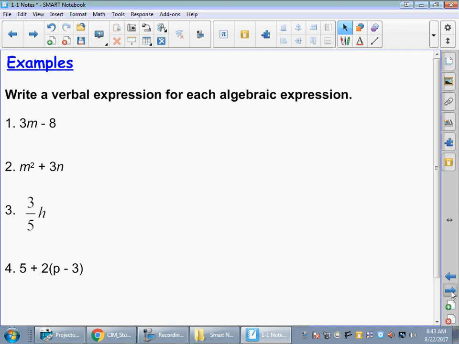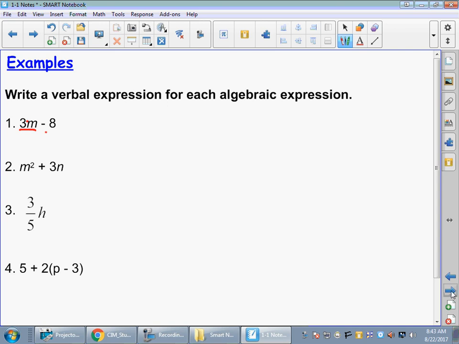All right, for these, we can write the verbal expressions, so we can put them in words. Several different cases here. I'm going to skip around a little bit. So for the first one, we can do 3. When it's written next to the variable like that, it means multiplication, and then we have subtraction.